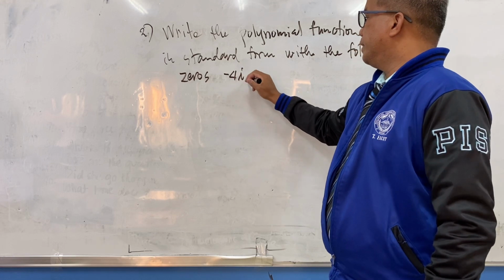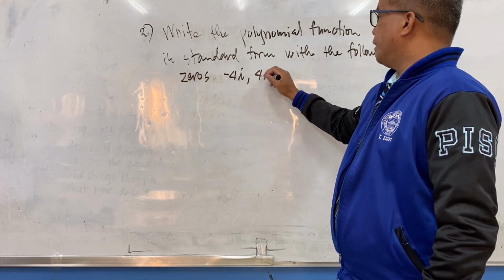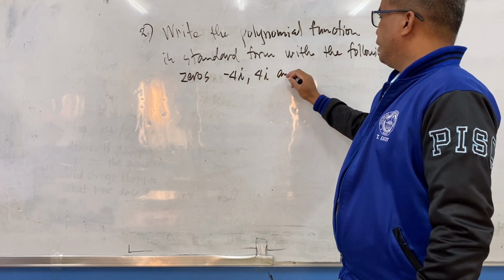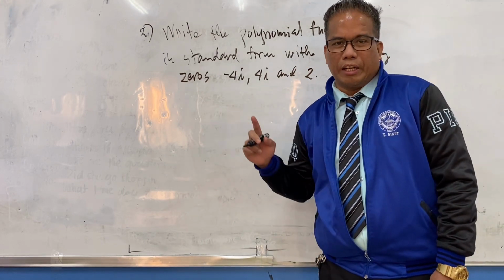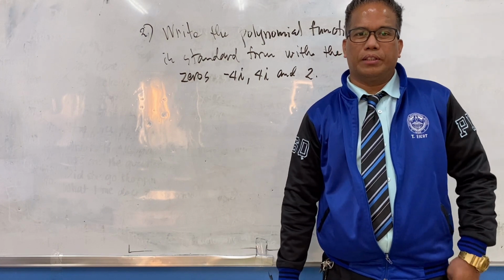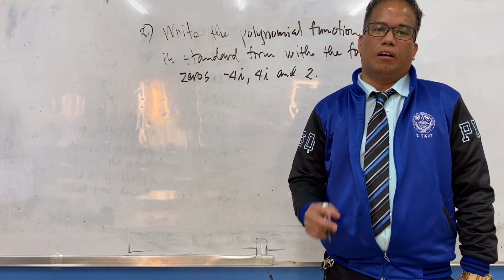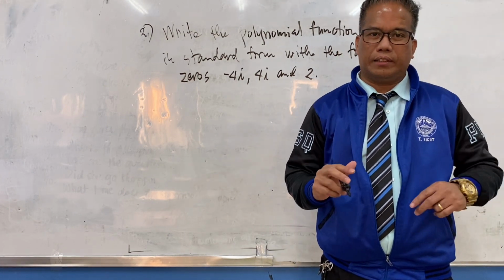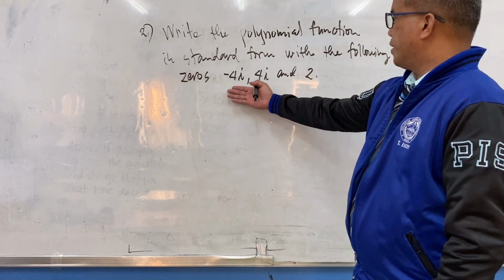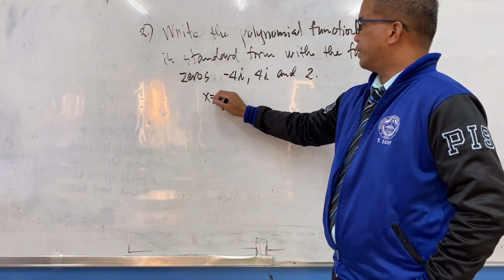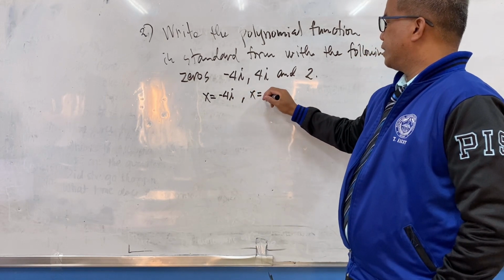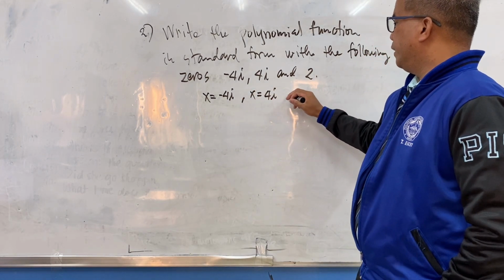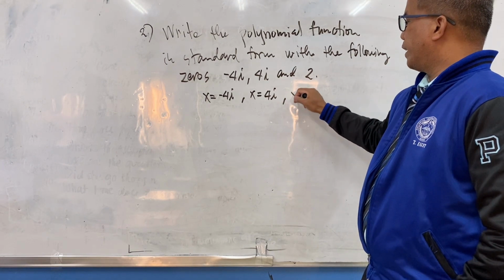Negative 4i, positive 4i, and 2. So if there's an imaginary number involved, all you have to do is the same process. So write first these zeros as x equals negative 4i, and then x equals positive 4i, and the last one is x equals 2.